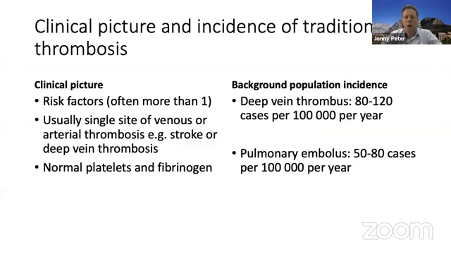But if you look at the traditional clinical picture and incidence of thrombosis, what we normally see is that patients have a combination of risk factors. Those traditional risk factors that I mentioned 2 slides ago normally lead to a single site of clotting. So you might present with a deep vein thrombosis in your leg with leg swelling and pain.